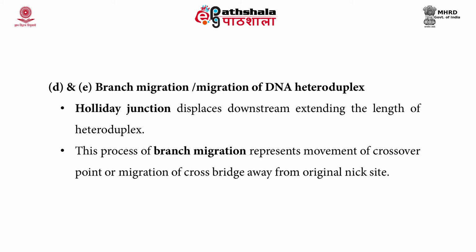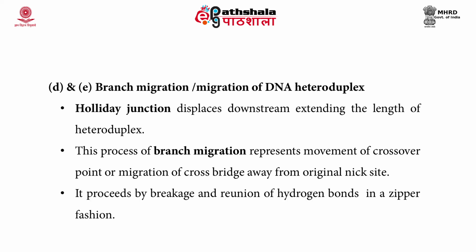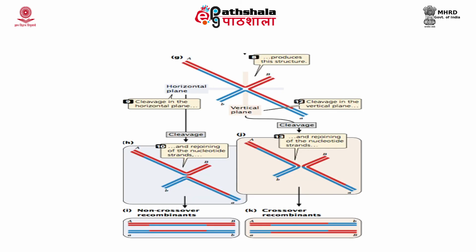This process of branch migration represents movement of crossover point or migration of cross bridge away from original nick site. It proceeds by breakage and reunion of hydrogen bonds in a zipper fashion.